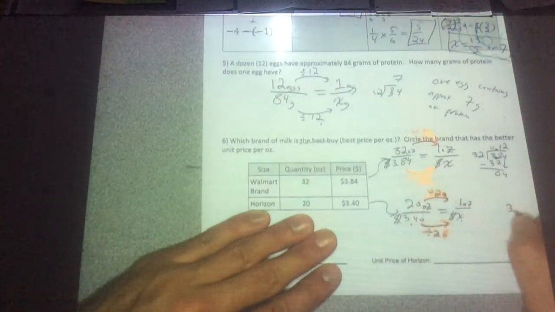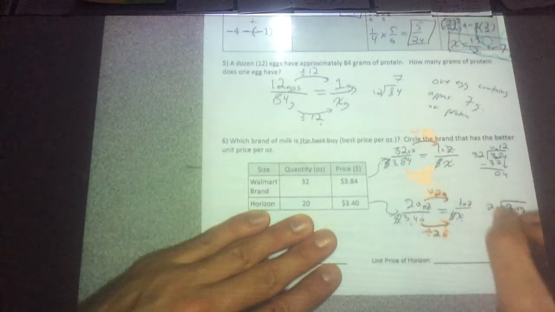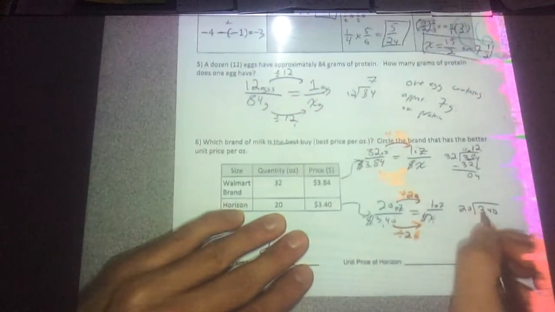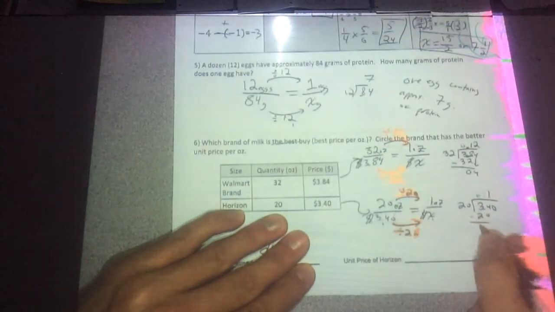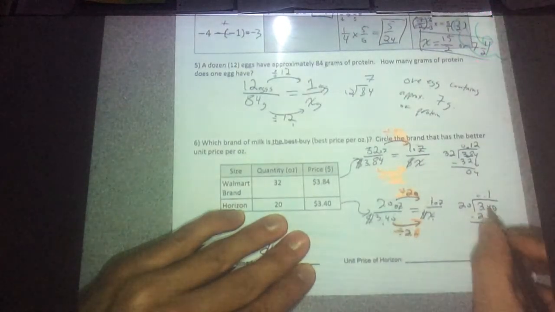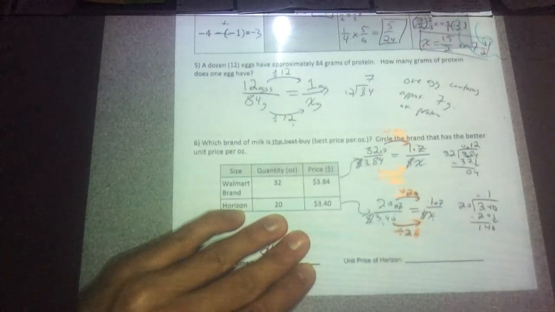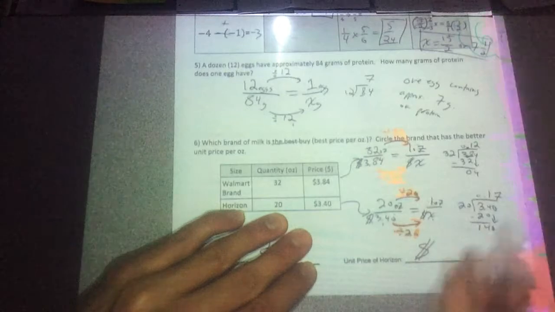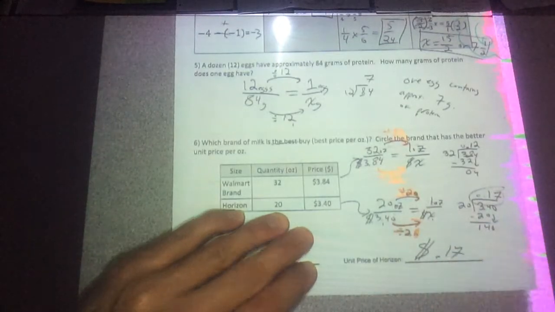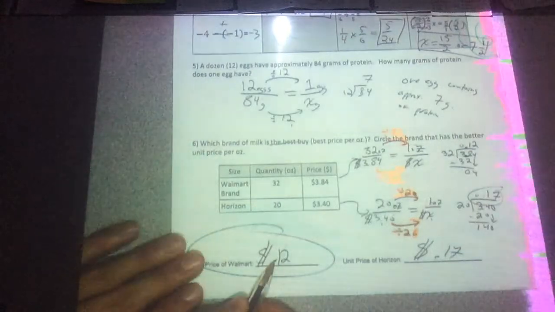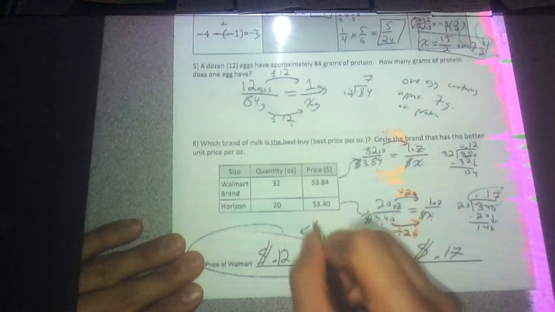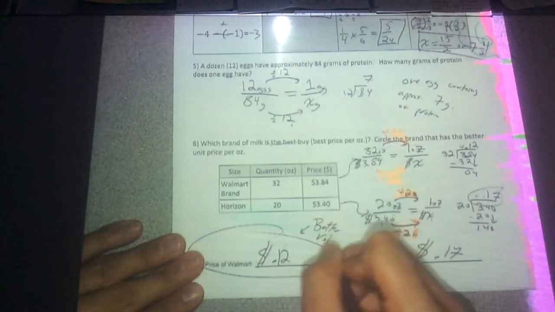So that's going to give me 3.40 divided by 20. 20 does not go into 3, but it does go into 34 one time. 34 minus 20 is 14, bring down 0. 20 goes into 140 7 times. So the cost here is 0.17 or 17 cents. So the better price, the better value, is the Walmart brand. Okay.